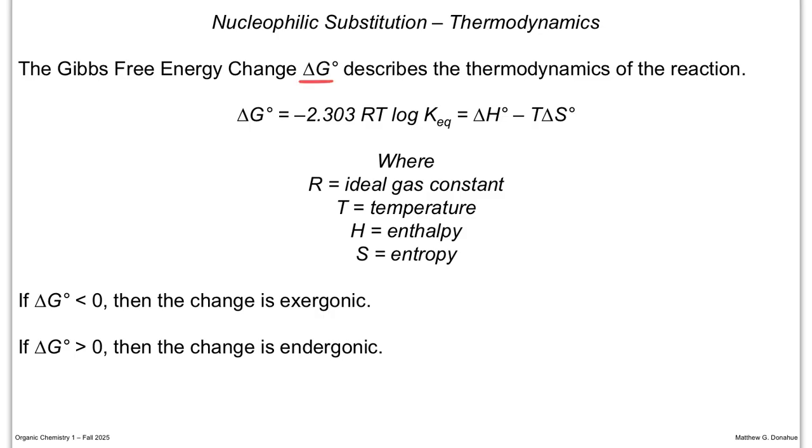So the delta G means the Gibbs free energy change. And when you look at the furthest right side of the equation, this is what you're used to seeing, that H, the enthalpy. But now it's including temperature and this S thing, which is entropy.